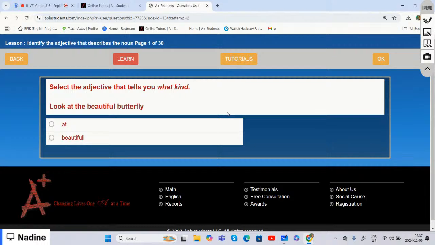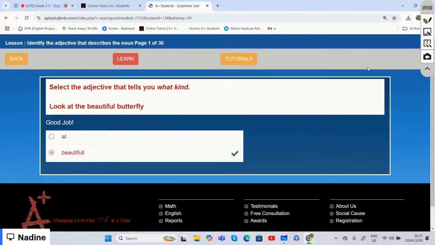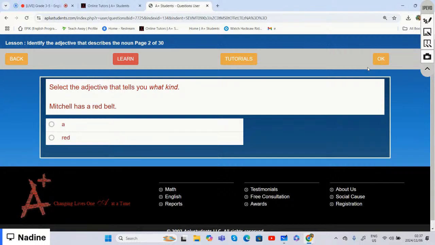And if we were to select the adjective that tells us what kind, then we would say it's option two, beautiful. Yes, well done. Beautiful is correct. The next one says Mitchell has a red belt.